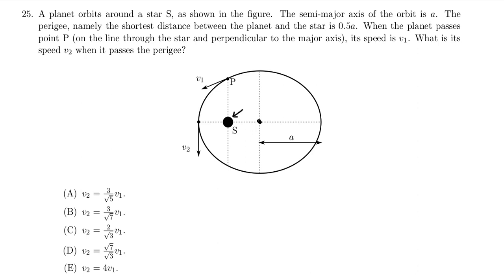And the perigee here, the shortest distance between the planet and the star, is 1/2 a. So this here is 0.5 a.